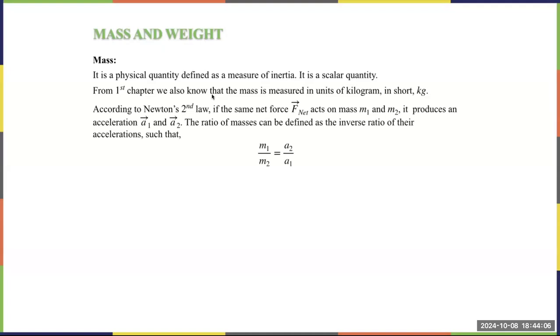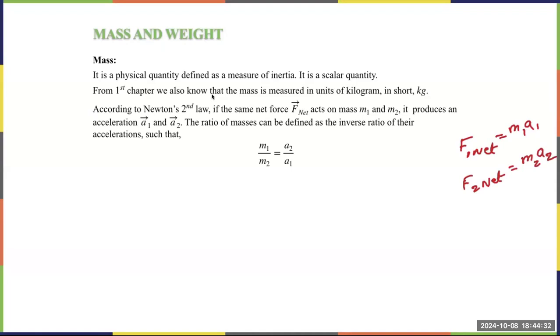And also from Newton's second law of motion, we know force equals mass times acceleration, the net force. Now, if we take the ratio, in this case, the first net force, F1 net, equals M1 times A1, and F2 net equals M2 times A2, right?